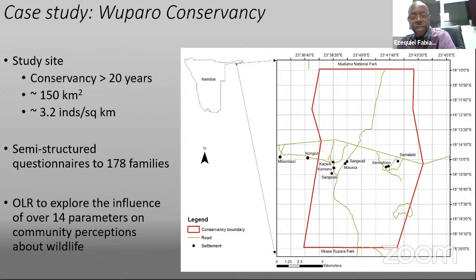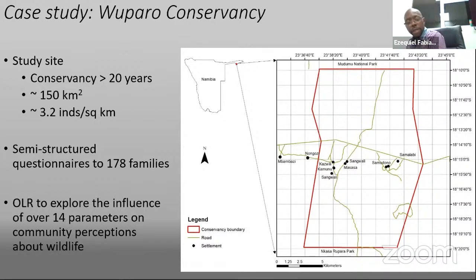We then administered 178 questionnaires to households, exploring a wide range of questions, but here I'm mainly focused on gaining an understanding of what species are involved in conflict and what different variables influence the perception of communities about wildlife in the area.